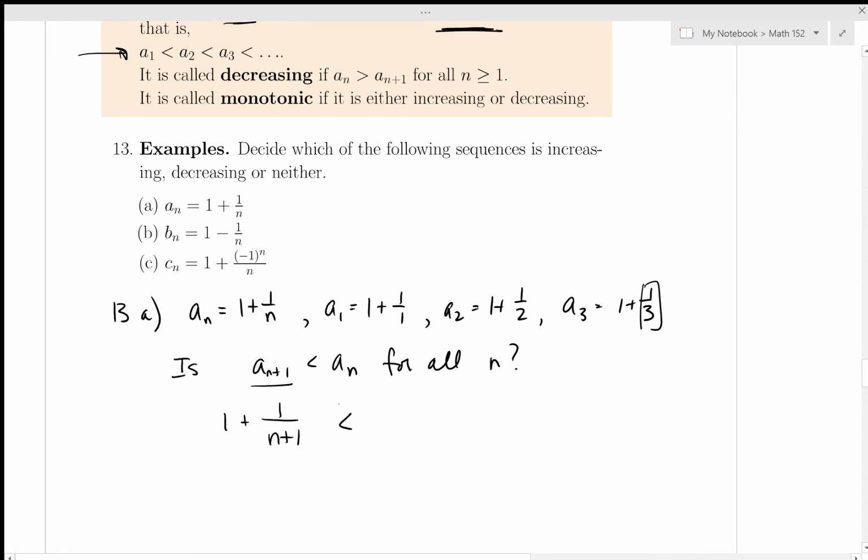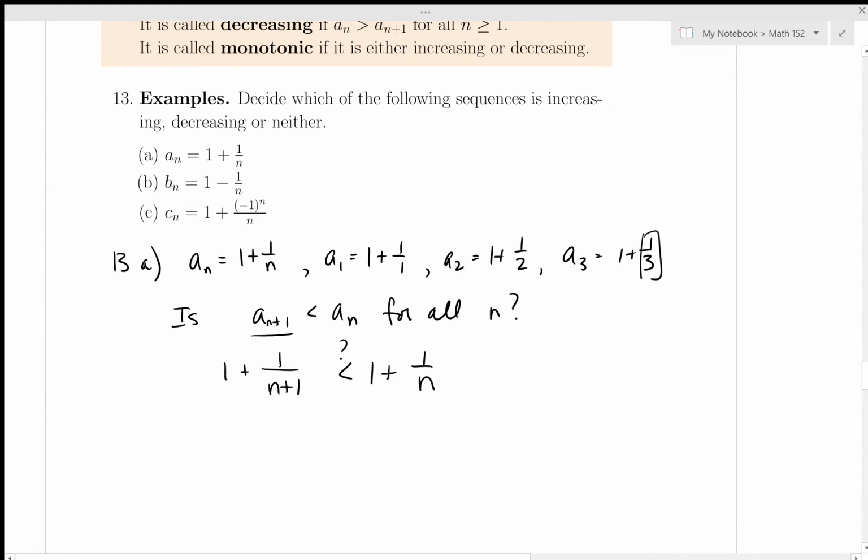And I'm wondering, is that less than an, which is 1 plus 1 over n? So now I'm going to algebraically manipulate this and see if I come out with a true statement. If I do, then I could reverse that back up and say yes, this is true. Let's see how I would do that. I would add the fractions on both sides, so here I'm going to get n plus 1, n plus 2.